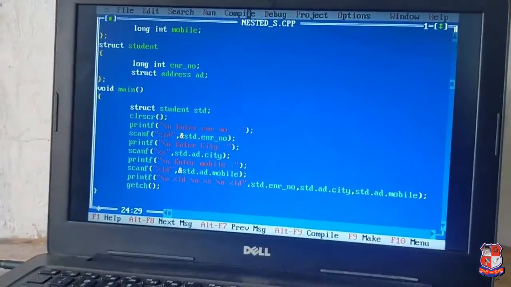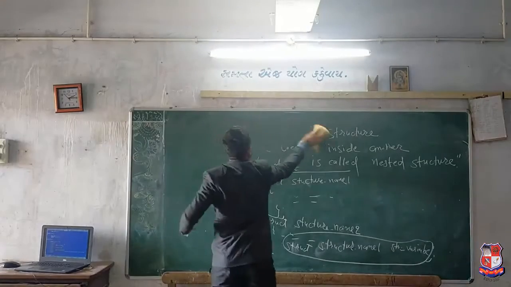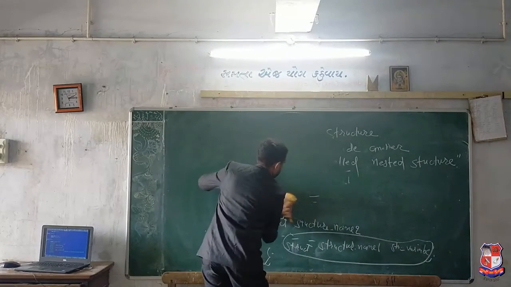That is the nested structure. Now we see the difference between array and structure.